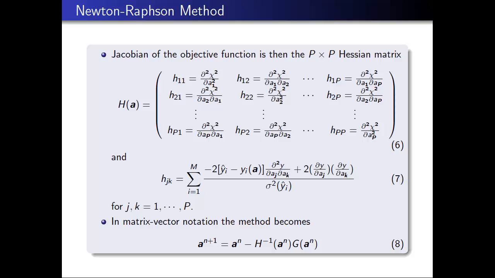So we take the Jacobian of the objective function, and this is the p by p Hessian matrix given here with components shown here. In matrix form, you can write this as a vector A at iterate n+1 is the previous iterate minus the inverse of this Hessian times the gradient shown on the previous chart.